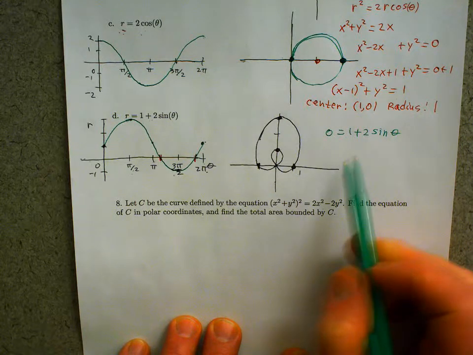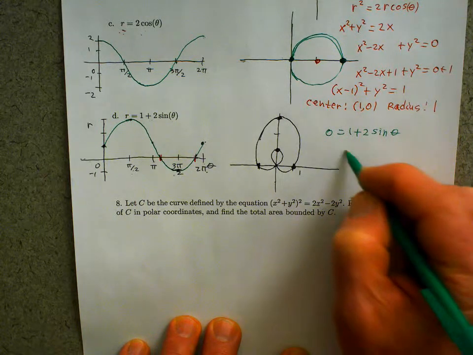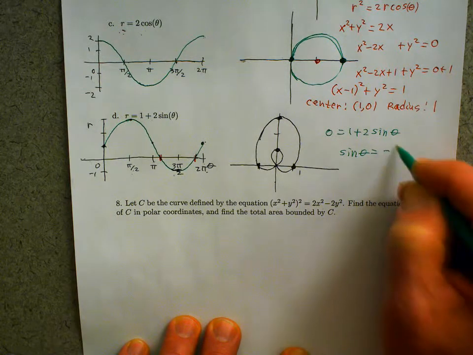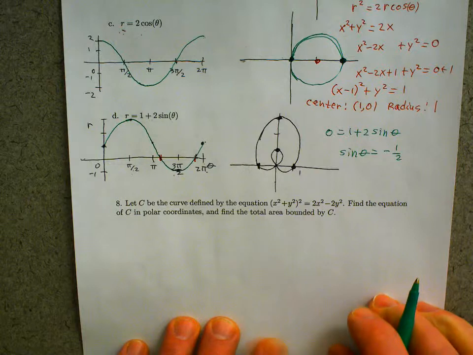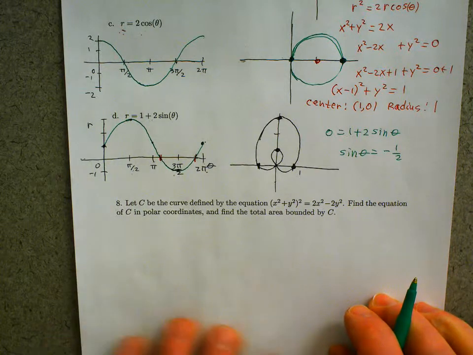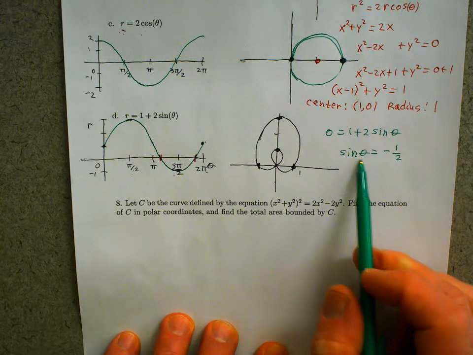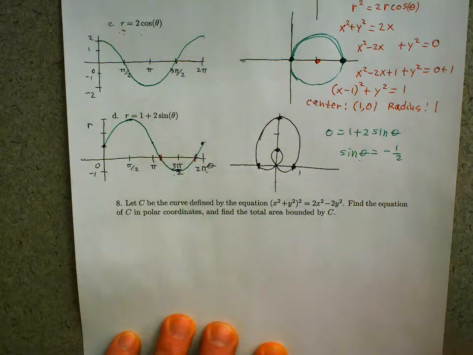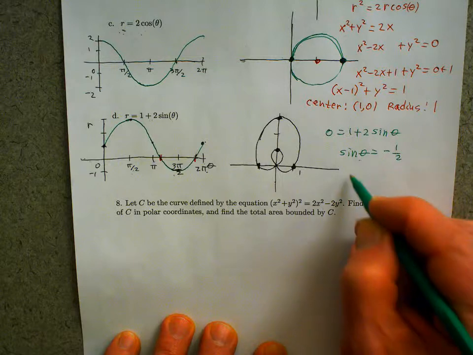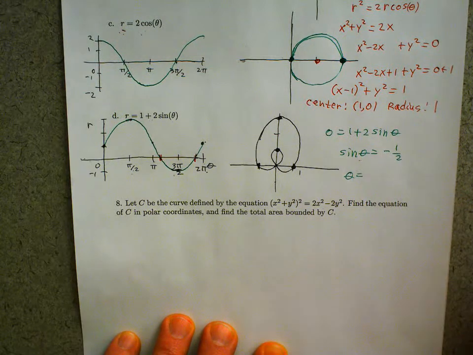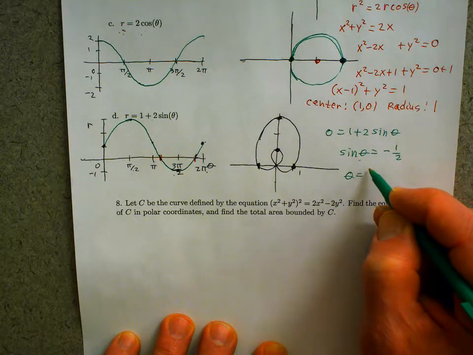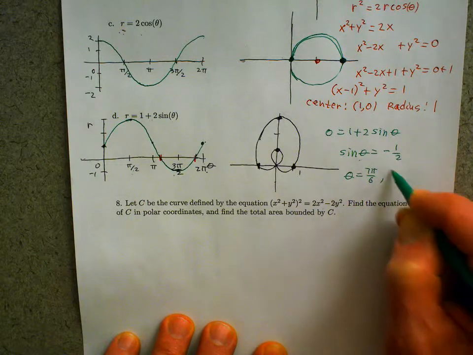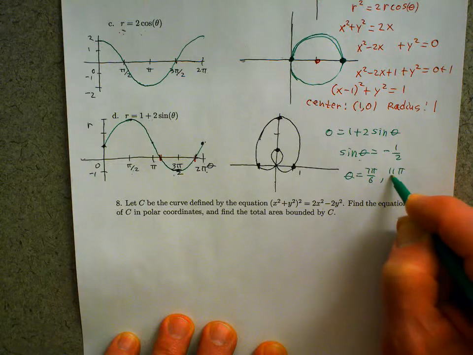Subtract 1 and divide by 2, we get sine of theta is equal to negative 1/2. And we know that sine is negative in the third and fourth quadrants, so the theta values are 7 pi over 6 and 11 pi over 6.